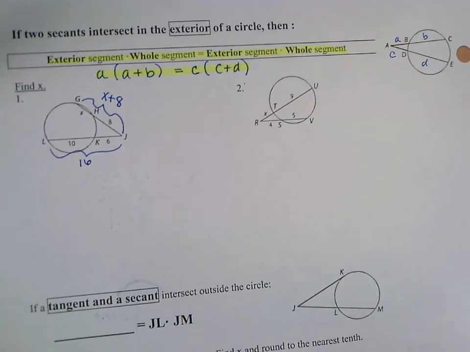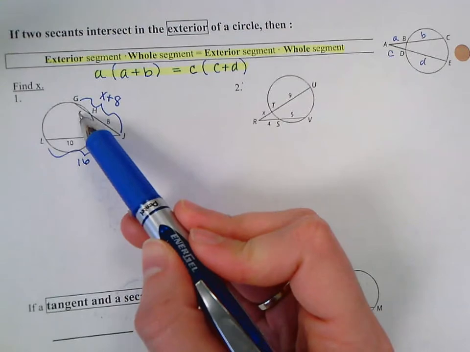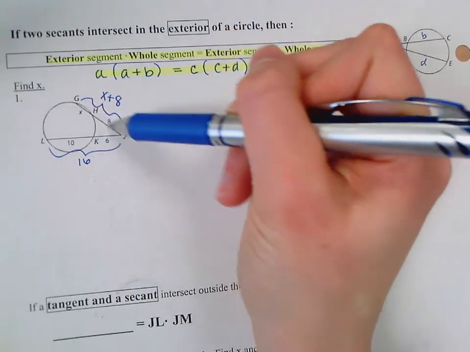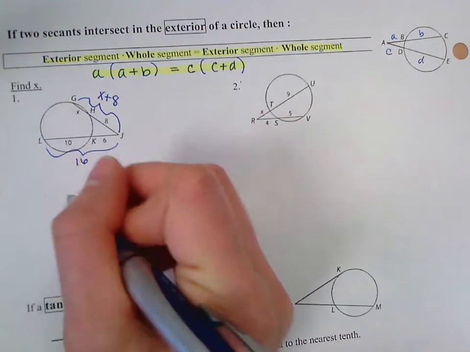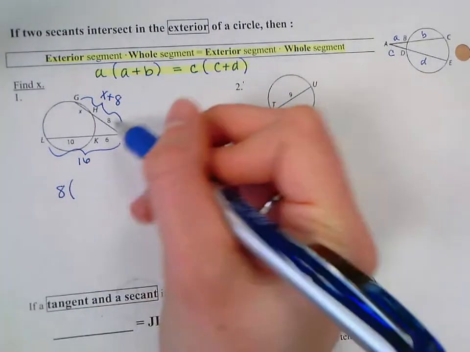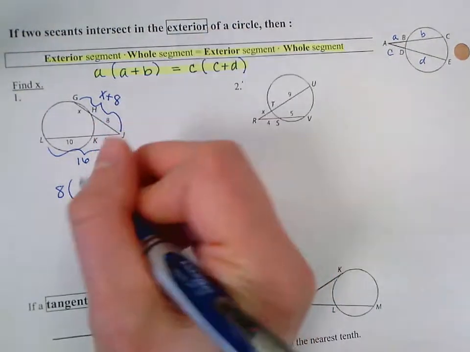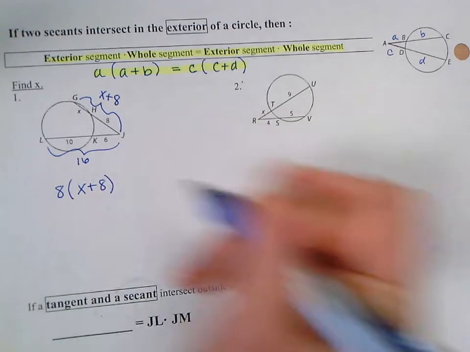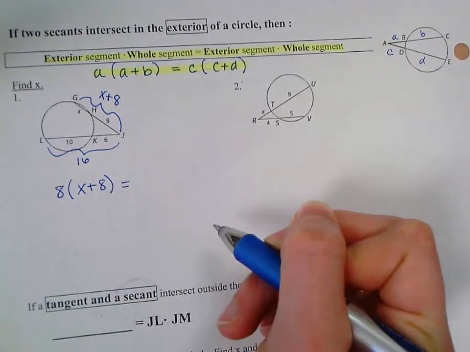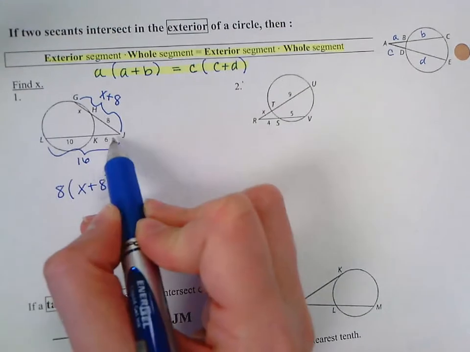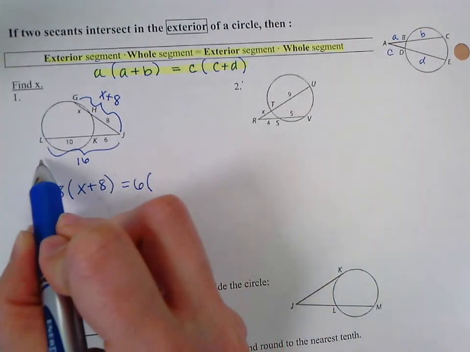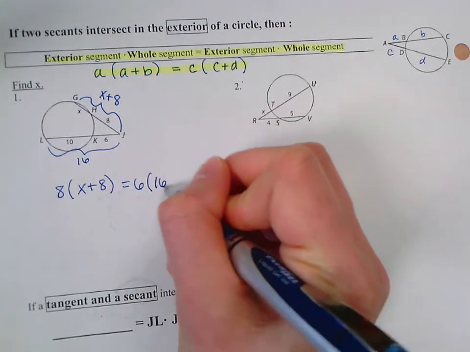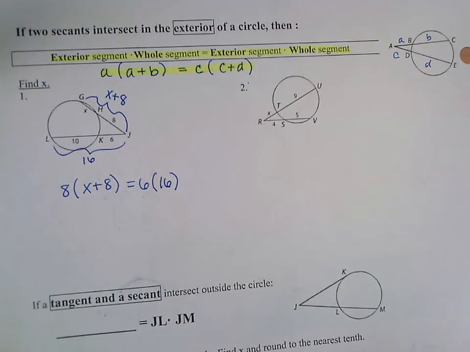So setting up my equation so that I can find x, for that first secant, my exterior part is 8, and I have to multiply that by the whole length, which is x plus 8. And then that's equal to, for the second secant, my outer part is 6, and I multiply that by the whole length, which is 16. And then I solve that for x.